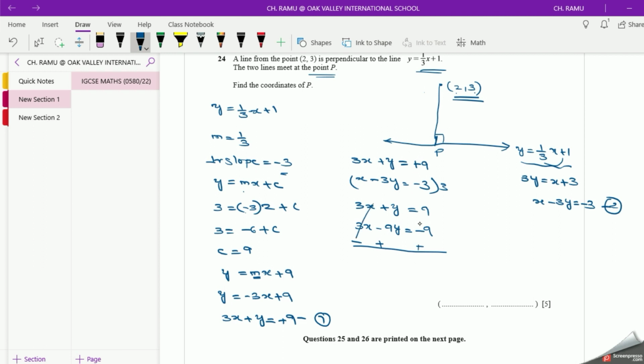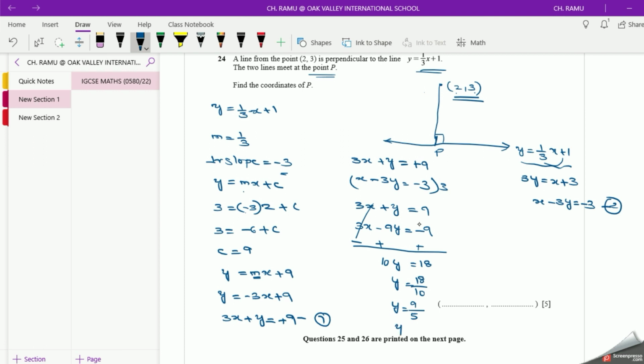So the x terms will be cancelled. 10y is equal to 9 plus 9, 18. y is equal to 18 by 10. y remaining is 40, 5 8s are 40.